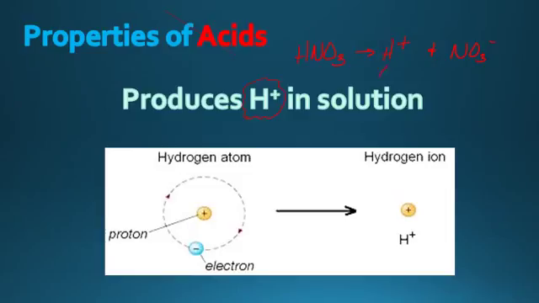This is why it's an acid. The most interesting thing I think about the hydrogen ion is that the hydrogen ion is simply a proton. Why is the hydrogen ion simply a proton? Answer that question, it's worth extra points.